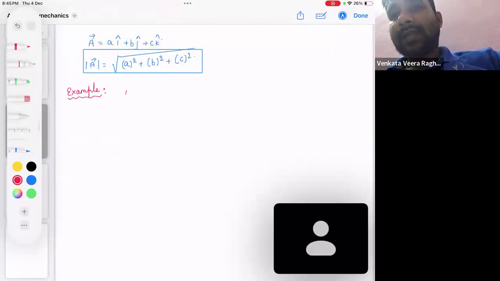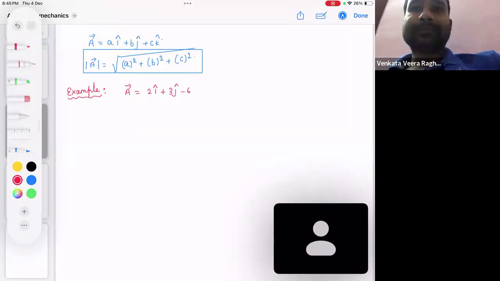In this example, what is given? A vector is given to us: 2 i cap plus 3 j cap plus p k cap.